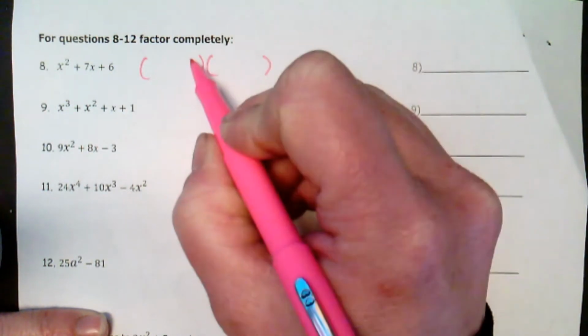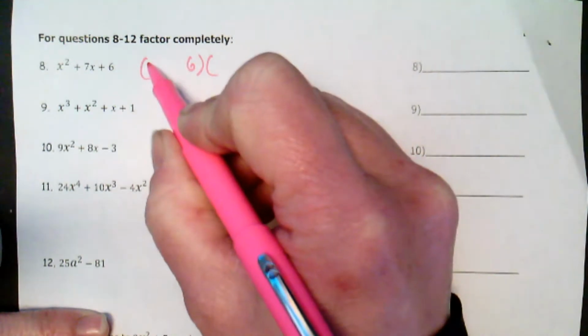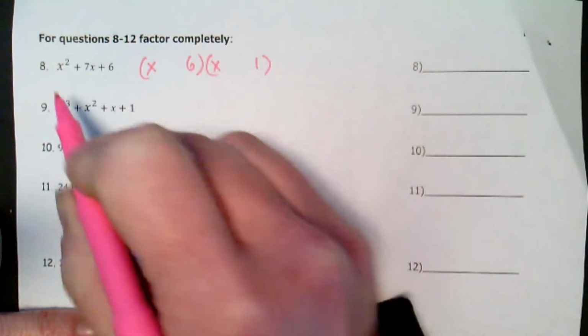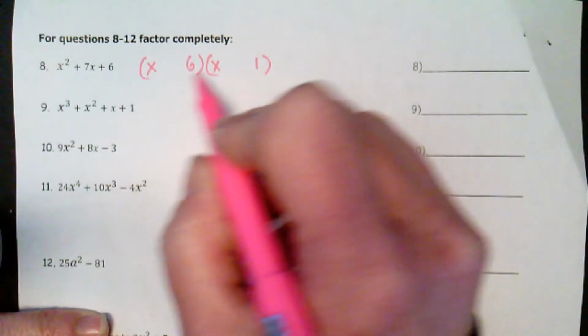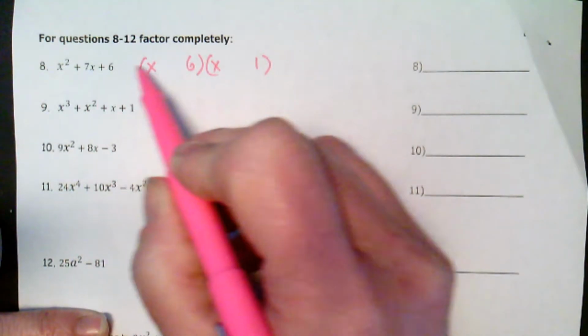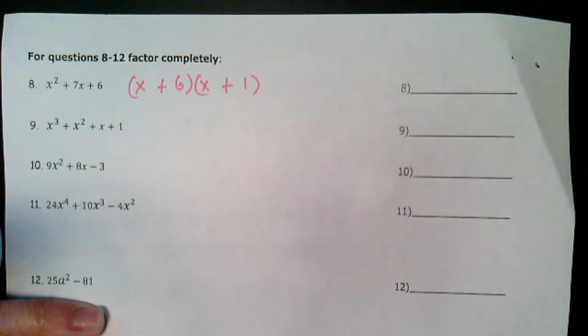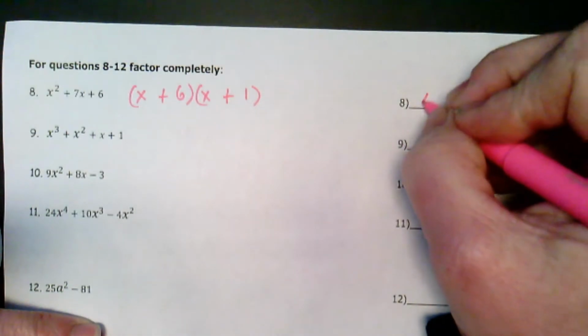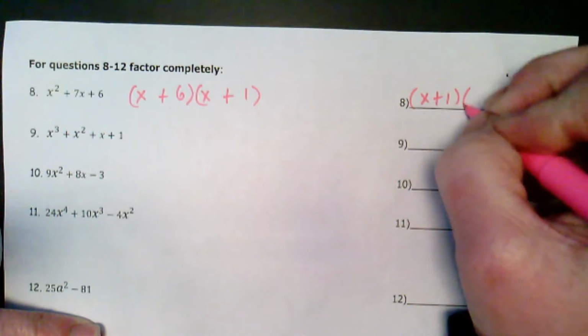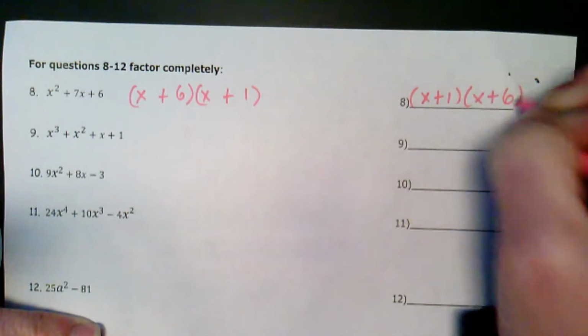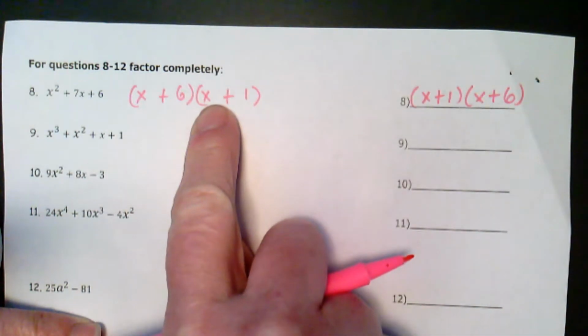So the only thing I can think of is 6 and 1. So x goes in to unsquare this, and then these are both positives. And if you have any doubts, you can always FOIL them and see if it works. Either direction you can write these, it doesn't matter.